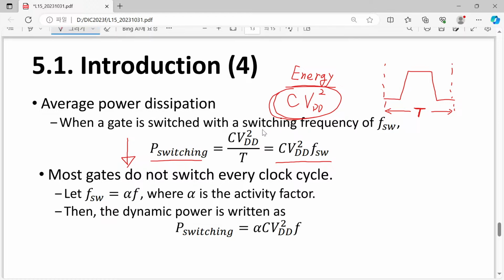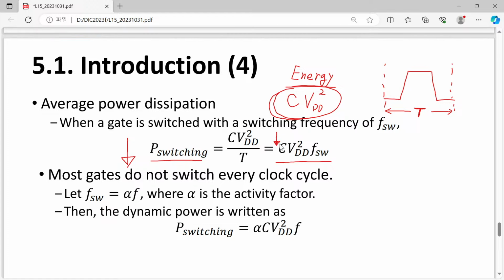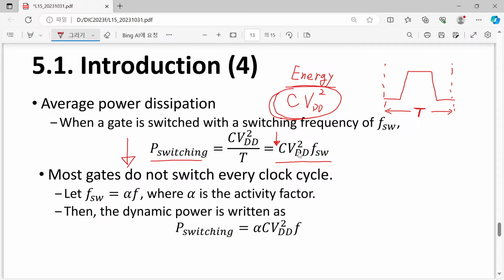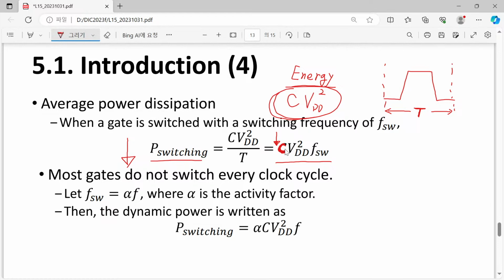Please try to imagine how you can do that. In order to reduce the switching power consumption, we must reduce the capacitance. However, reducing this capacitance is not that easy, because it is also related to speed.